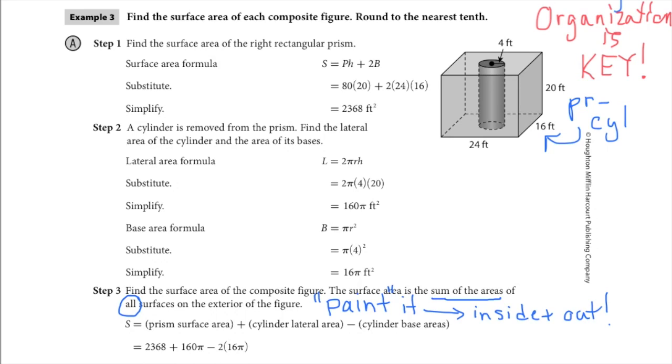We're taking the prism surface area, then we're adding in the cylinder lateral area, but then we need to subtract out the cylinder base areas because there's a hole there. So make sure that you do that, or else you'll count 2 more pieces than you really should be in the surface area of this figure.